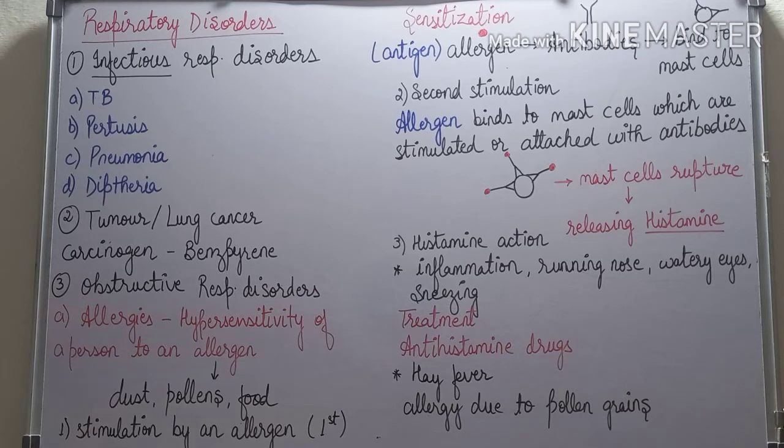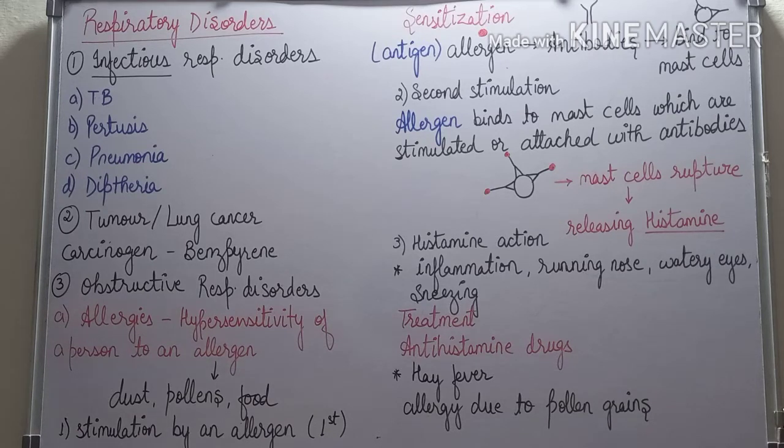Basically what happens when a person smokes, this benzpyrene gets into his respiratory system and gradually it triggers certain cells to multiply without any control.